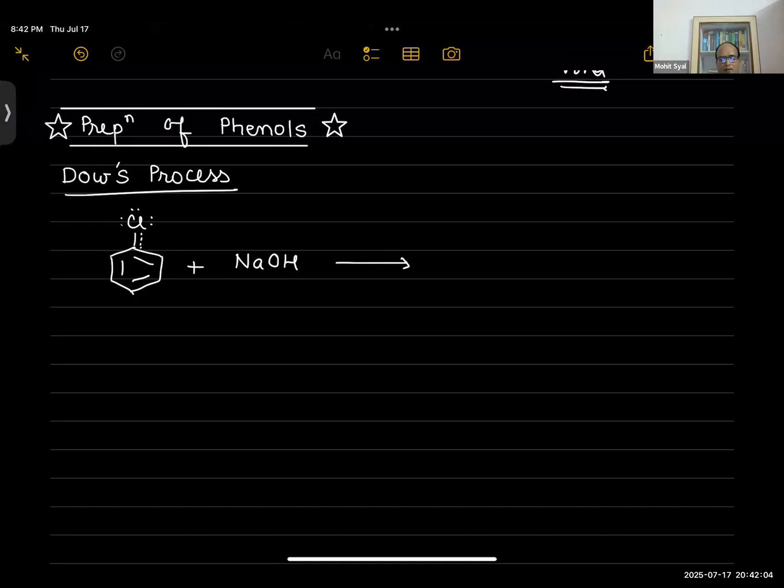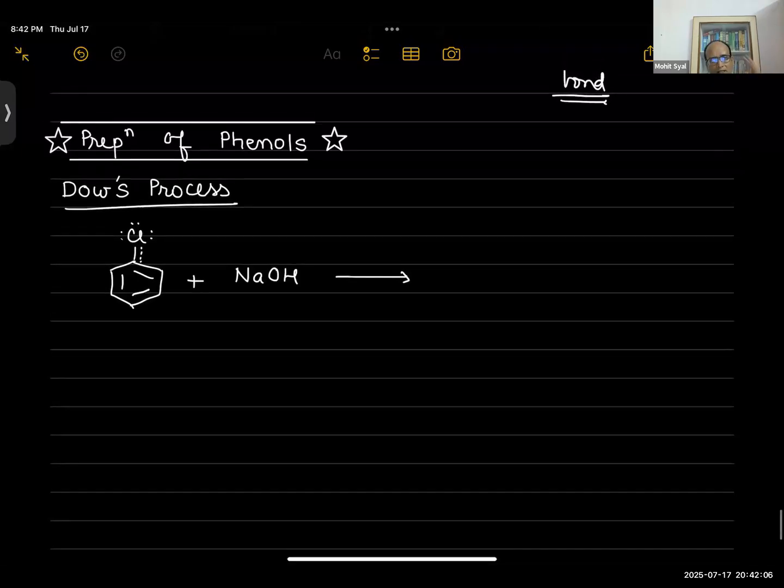So Ibrahim, in order to overcome this low reactivity, if something is less reactive and we want it to react, what will you do? You will heat it. You will apply high temperature and pressure. Got it?